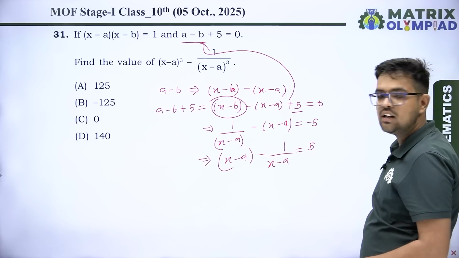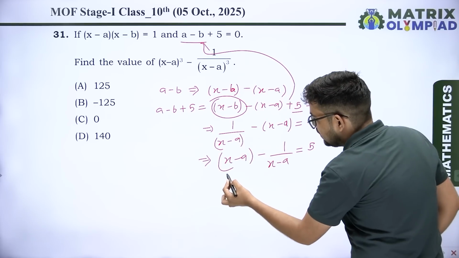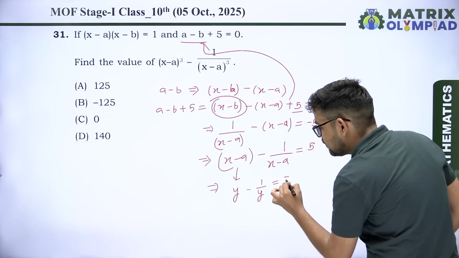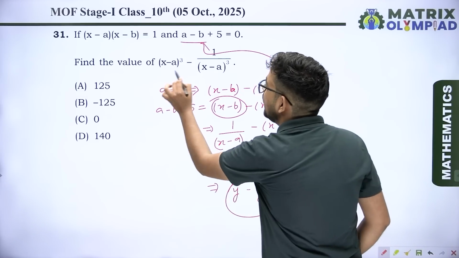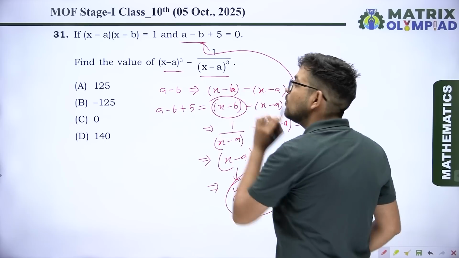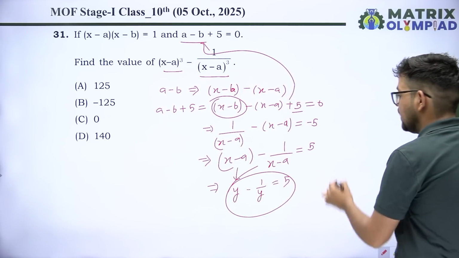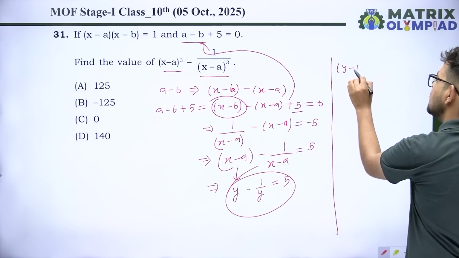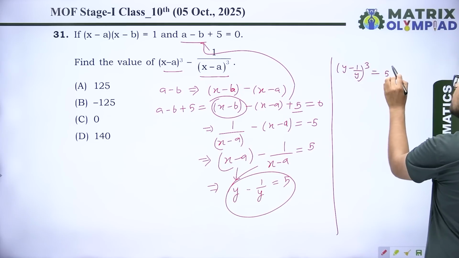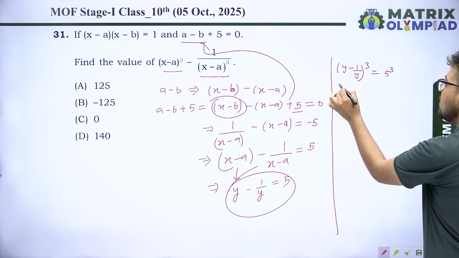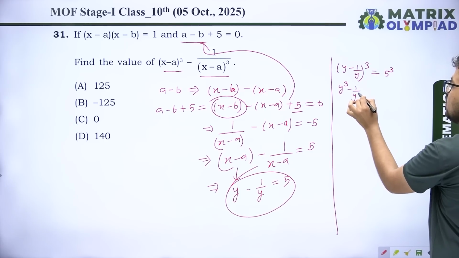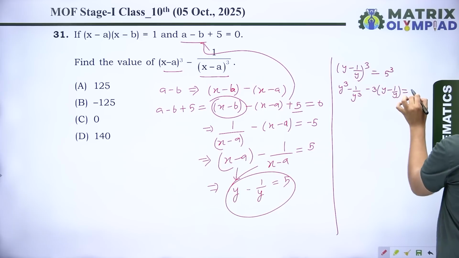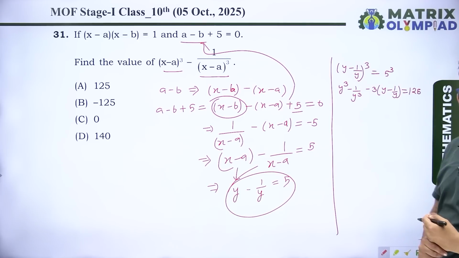We took minus 1 as common. Now see here, that is y minus 1 upon y equal 5, or this is y cube minus 1 upon y cube. So if y minus 1 upon y equals 5, then (y minus 1 upon y) cube will be 5 cube. So that will be y cube minus 1 upon y cube minus 3 into (y minus 1 upon y) equal 125.